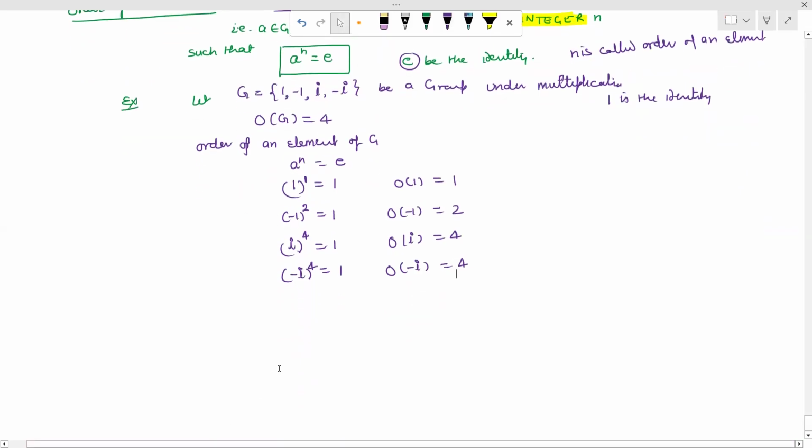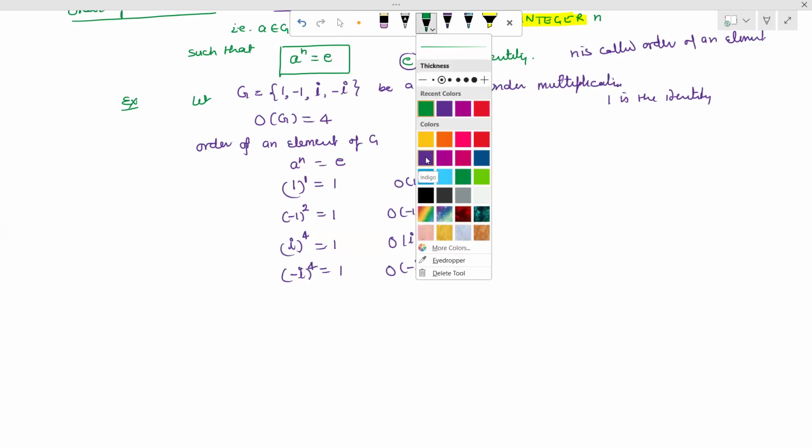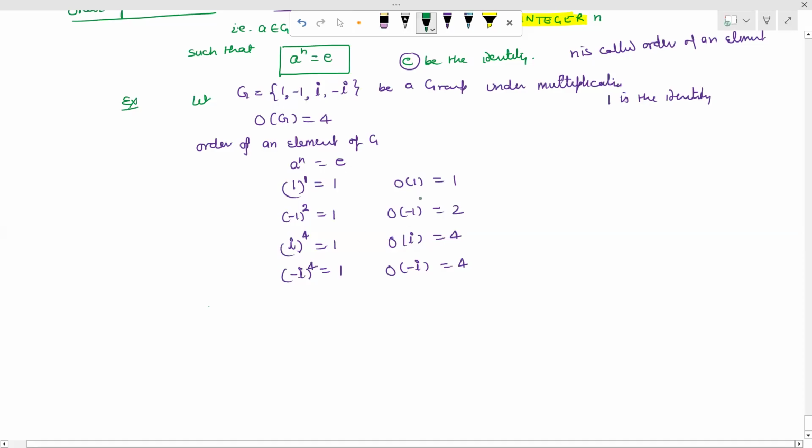Okay, so remember the first basic thing: we take the least positive integer n which makes it equal to the identity. The second important thing you have to remember is that the order of an element a is always less than or equal to the order of the group.